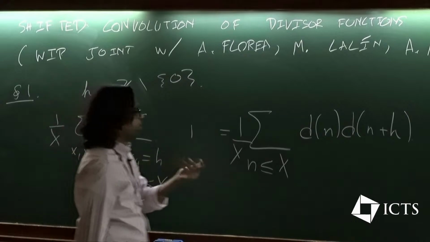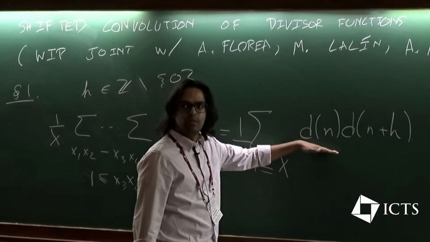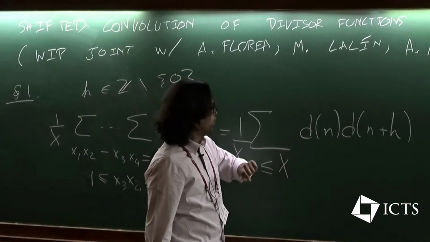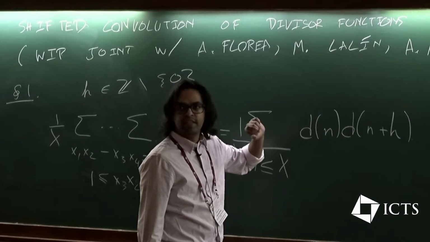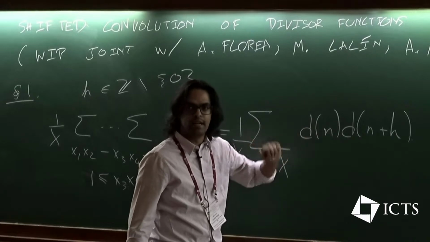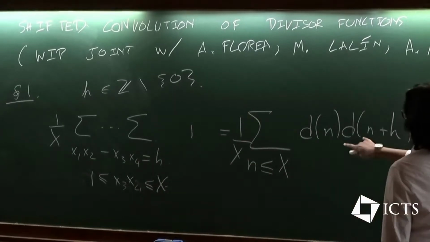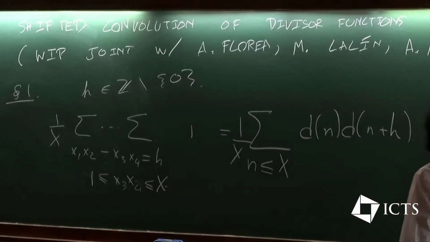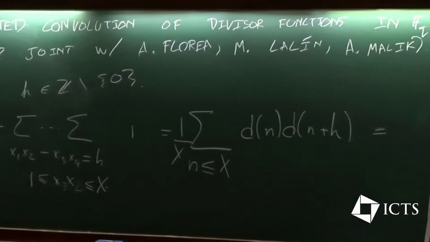Now you can ask yourself, well, what is this? What should you expect this to be? If you look at the average value of the divisor function, it's not hard to see that it is the logarithm of x. So the expectation should be, if these two are independent of each other, something which is log squared of x. But they're not really independent of each other.